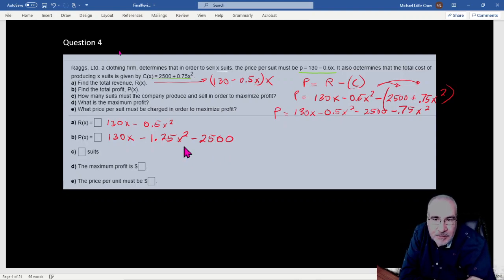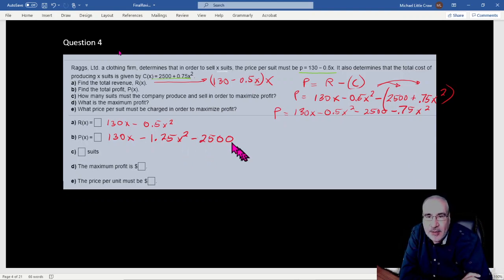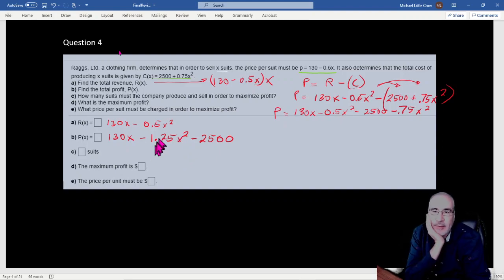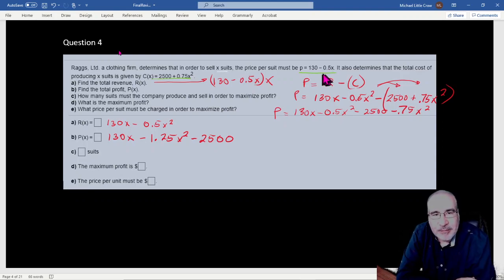Anyway, fixed costs. These are variable costs. The more we produce, each time, that's a subtracting cost of the suit. So it looks like we can sell it for a price of 130, but each additional we sell, the price comes down.